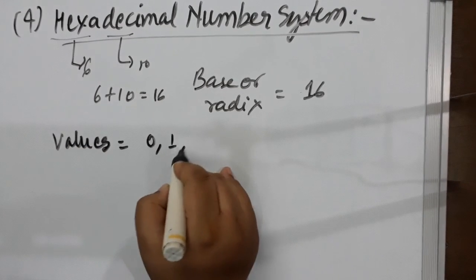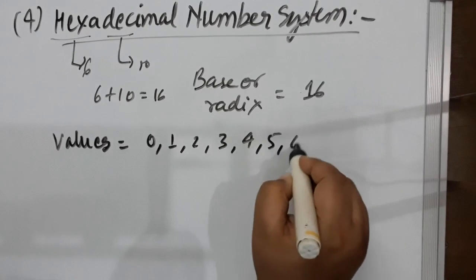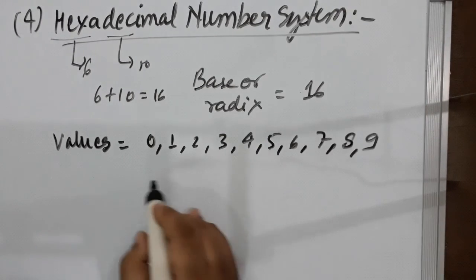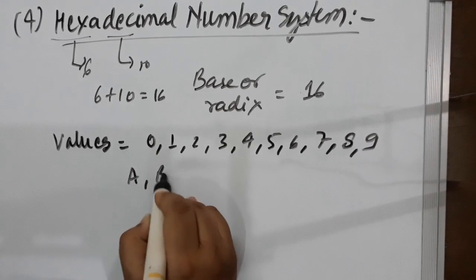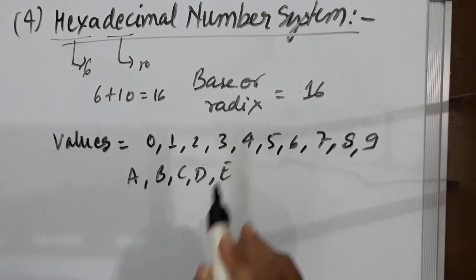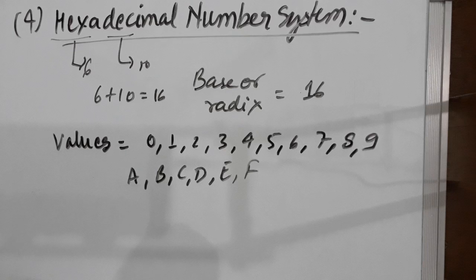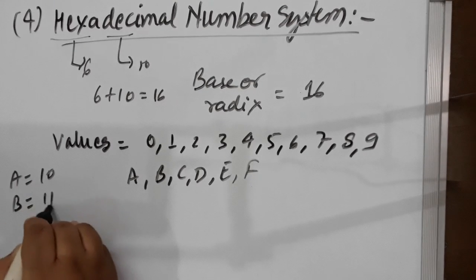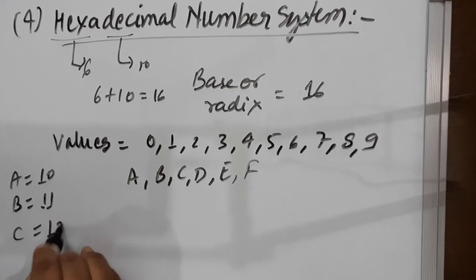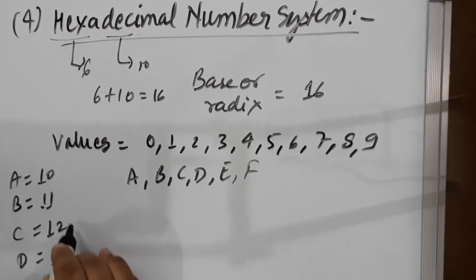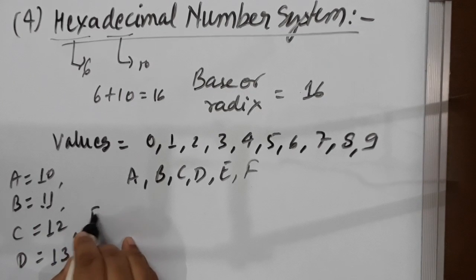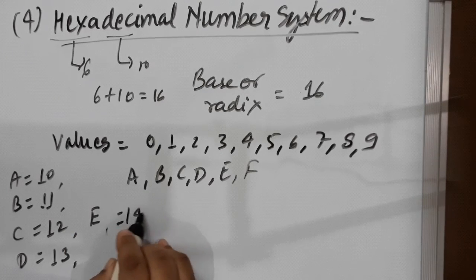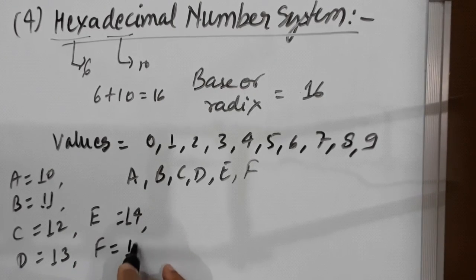And what will be the values in the hexadecimal number system? 0, 1, 2, 3, 4, 5, 6, 7, 8 and 9. Then A, B, C, D, E and F. So these are the values in the hexadecimal number system, where A equals 10, B equals 11, C equals 12, D equals 13, then E equals 14 and F equals 15.